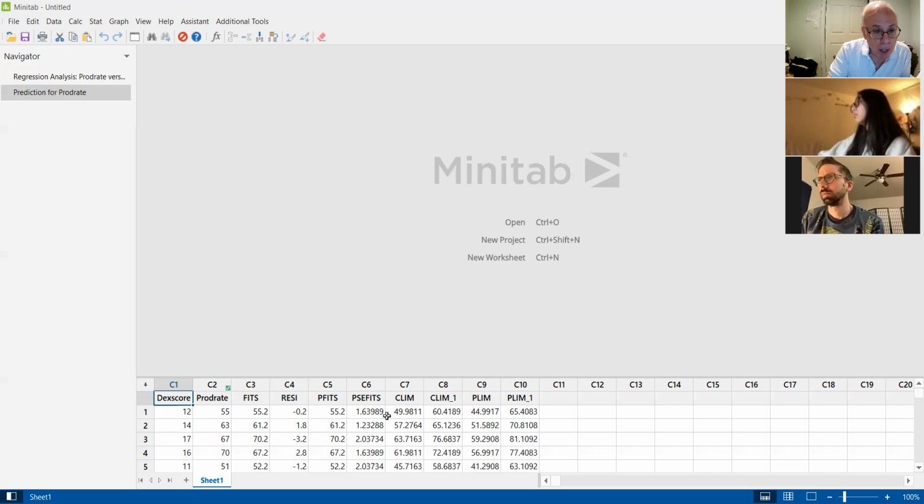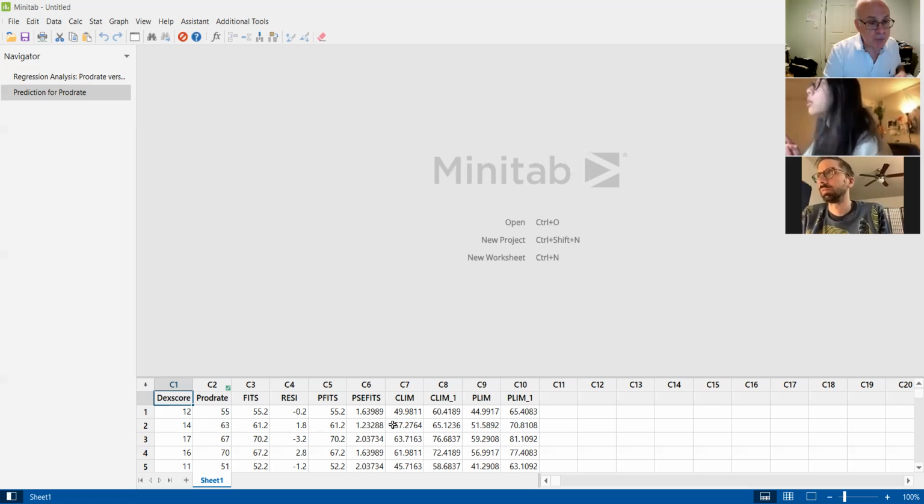Because what is our Y hat? 55.2. 55.2 is the Y hat for when X is equal to 12, right? So 1.63989, what the heck is that? I think it's the standard error of predicted fits.